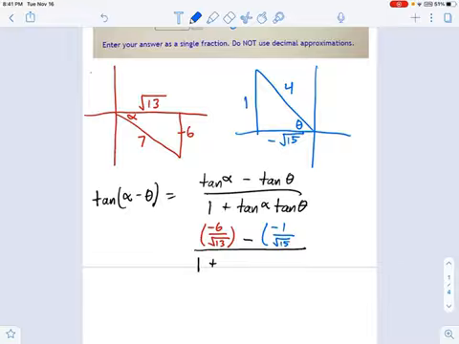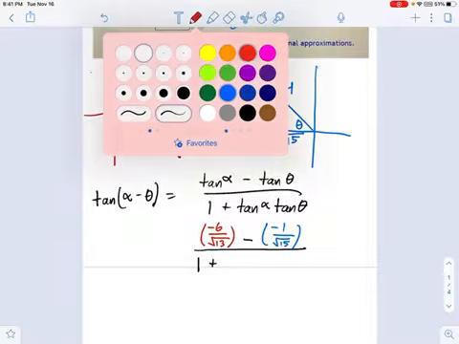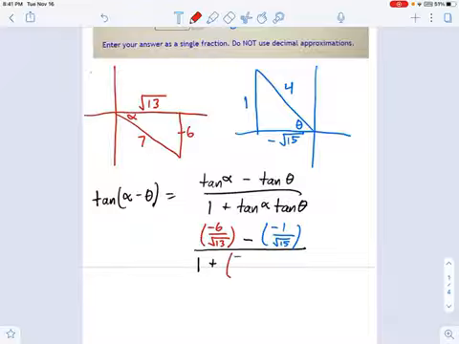You see, I didn't write 1 over negative root 15. There's nothing wrong with writing that. It's just that I didn't want negatives in my denominators. It's annoying to keep track of. And now I multiply those two fractions together. So I have -6 over root 13 times -1 over root 15.